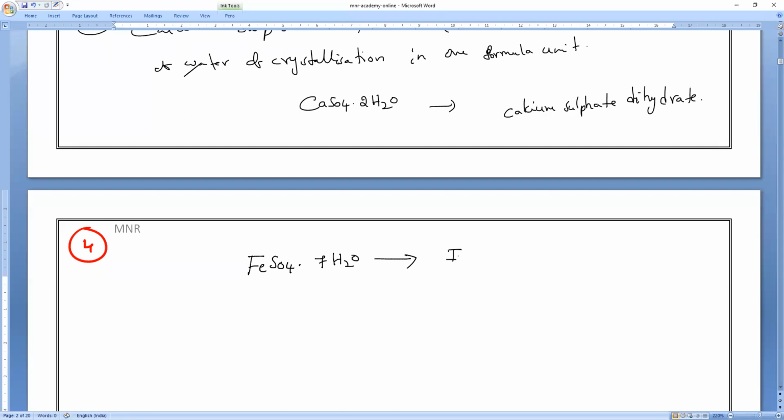How to read it? Iron sulfate heptahydrate. Hepta means 7. That is what you have to remember.